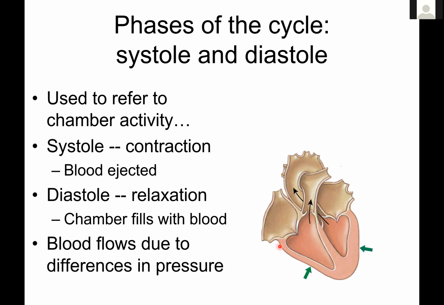If a chamber is in diastole, it's getting bigger, which means that the pressure in there is going down, and that creates suction. So diastole and relaxation, and the suction it creates, actually encourage filling of the ventricles specifically. Blood flows due to differences in pressure, and it obeys the same rules as pressure flow in general, which is that things flow from an area of higher pressure to an area of lower pressure. That's not hard to understand.